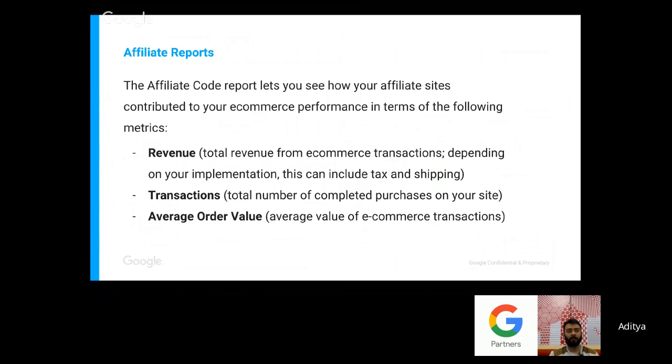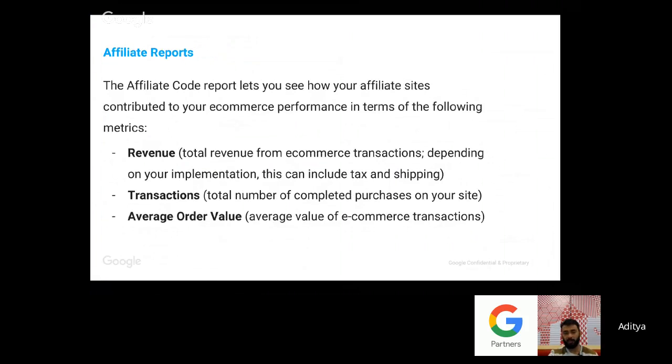Now, enhanced e-commerce, being one of the most powerful tools that we have in Google Analytics, gives you the opportunity to measure performance of affiliate marketing as well. How are your affiliate sites performing? Similarly, you define the affiliate code on a website. When a transaction happens and it has come via an affiliate site, this affiliate code gets supplied to the server, and we see what is the revenue, transactions, and average order value that got generated from these affiliate reports.